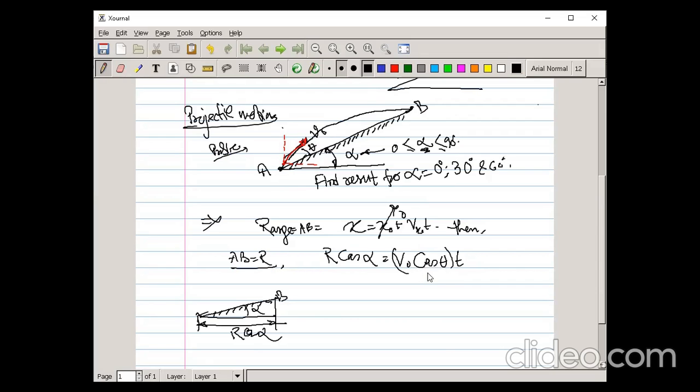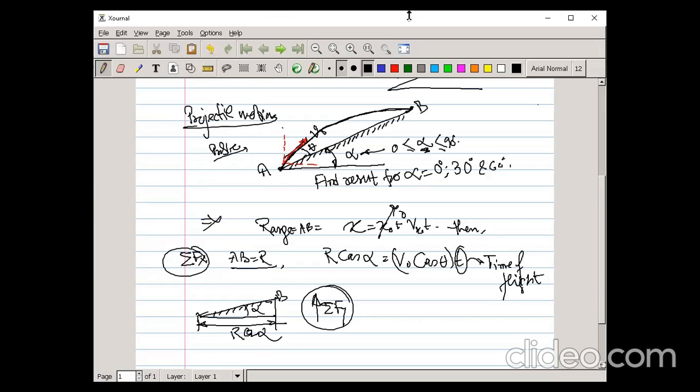And remember, this t is the time of flight, meaning if a particle moves from A to B, the time required is the time of flight. This is for the summation of Fx. Now we consider Fy along the y direction.